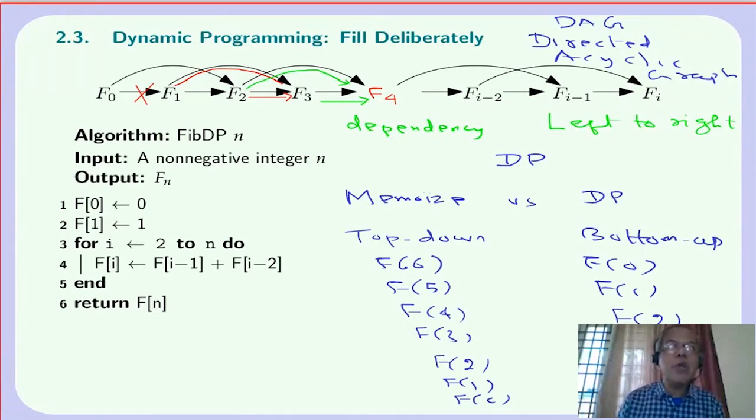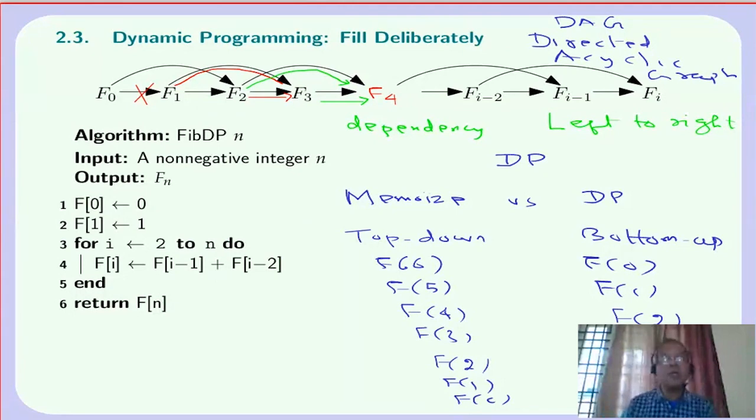In practice, we implement it by ordering or arranging the subproblems in such a way that whenever we want to solve a subproblem, the smaller subproblems, okay, that's an informal word. For F3, F1 and F2 are smaller subproblems. For F4, F2 and F3 are smaller subproblems. For Fn, Fn minus 1 and Fn minus 2 are subproblems.